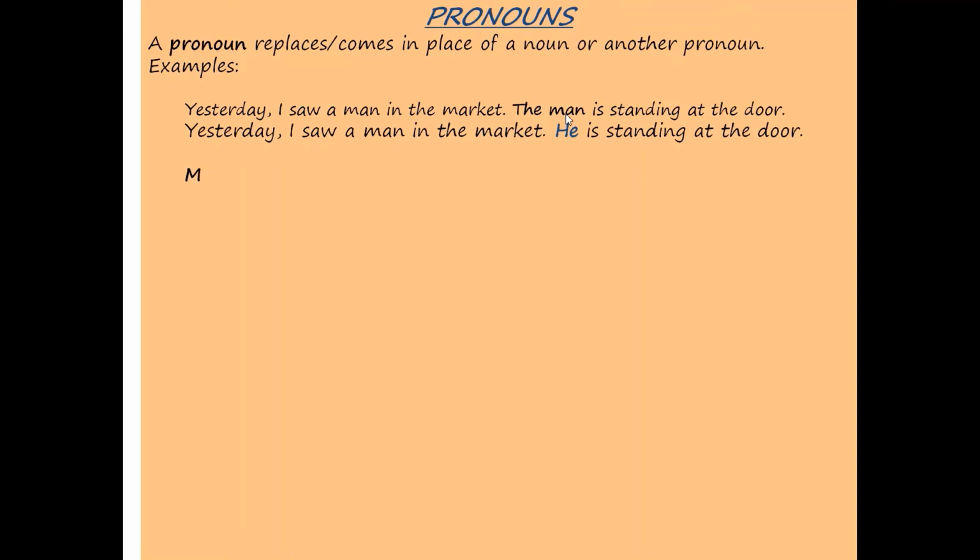So instead of saying the man again, I am using here he. So he is replacing the man in this sentence. It means he is pronoun here that replaces man, which is a noun.